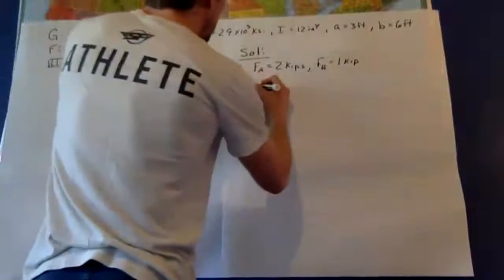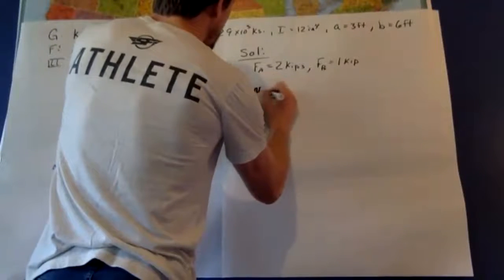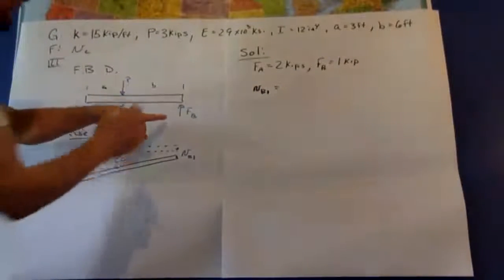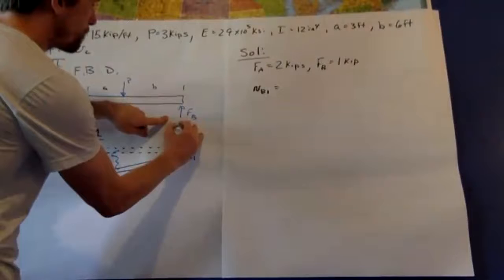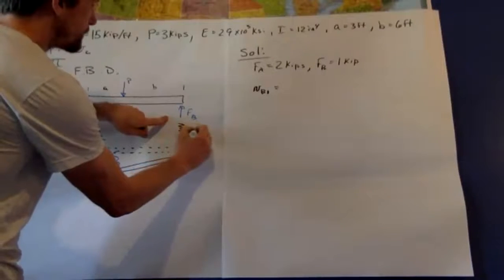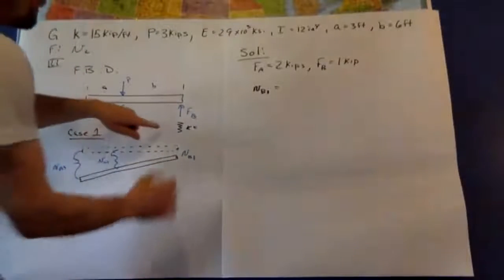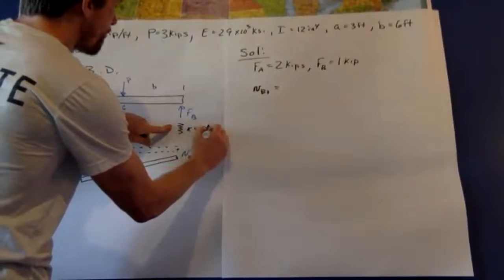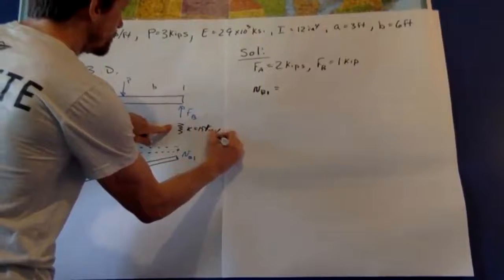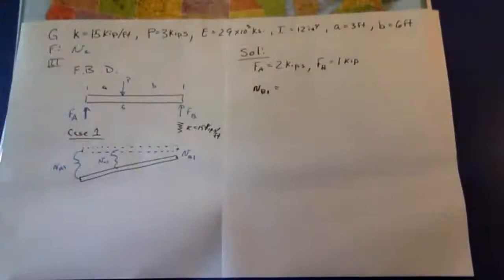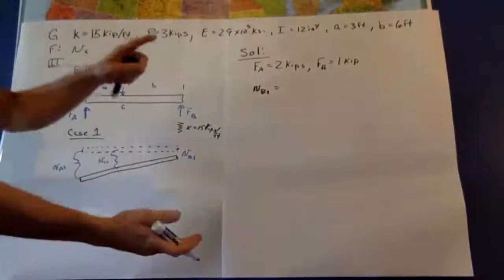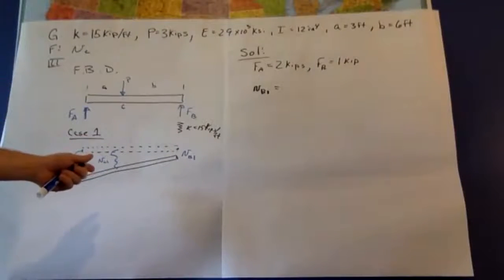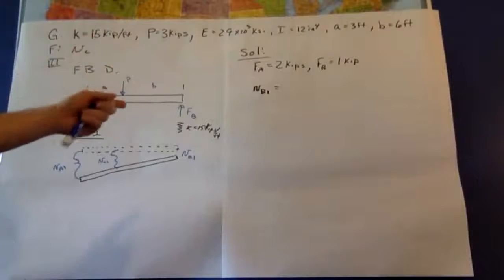Well, let's take a look. How do we get VB1? Well, we know that in VB there's this spring, and we know the constant is equal to 15 kips per foot. So when that spring compresses, we can say that force equals the displacement times this K value.